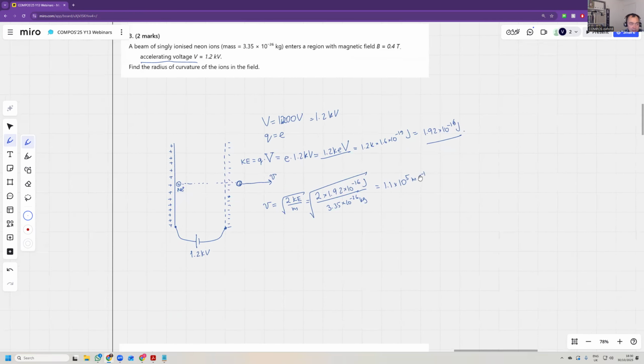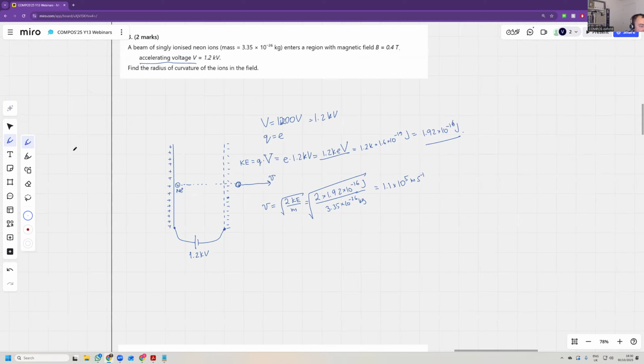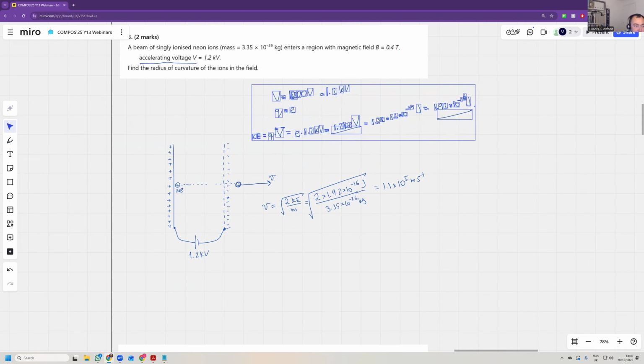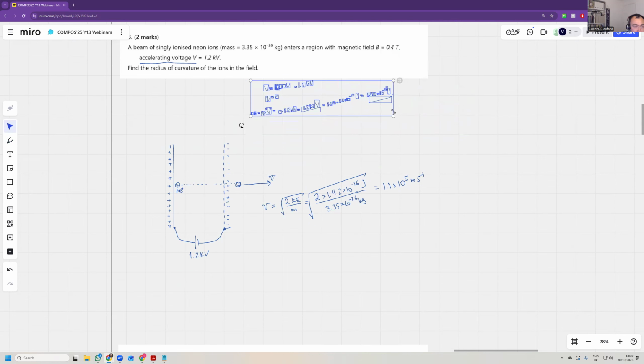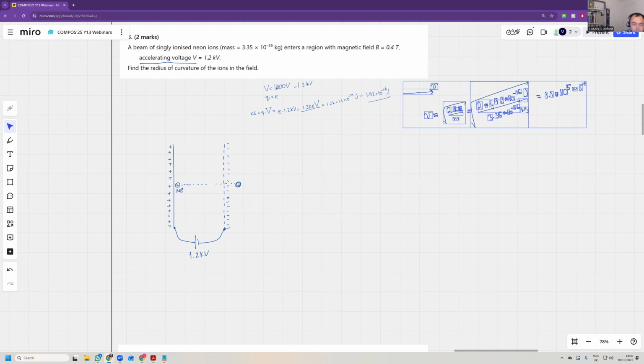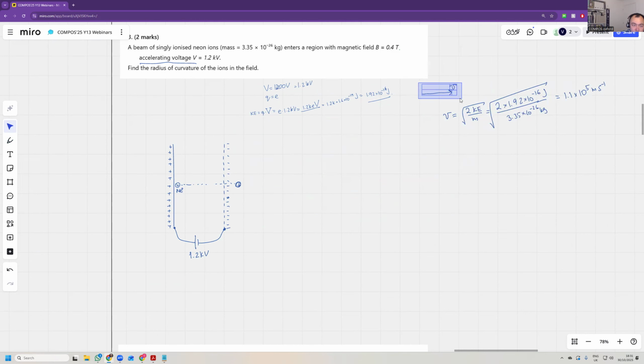Once these ions are accelerated by the accelerating potential, they enter a magnetic field at right angles to their motion.